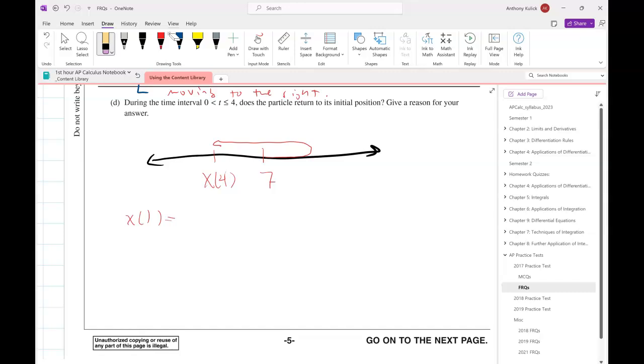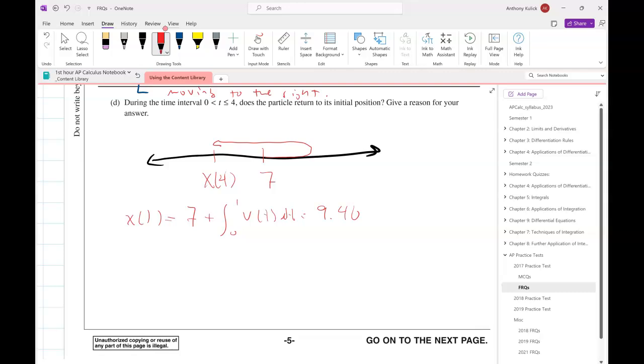It doesn't really matter there, but you need to pick one. If I do that, that's 7 plus the integral from 0 to 1 of v of t dt. When I do that, I get 9.40 in my calculator.